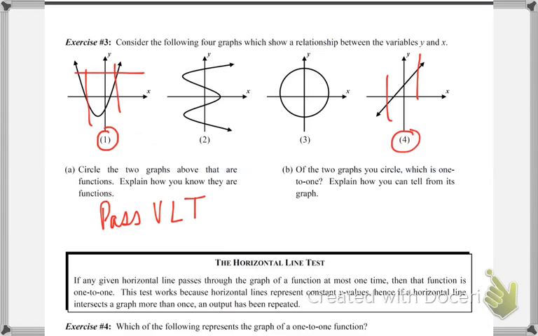If I make a horizontal line, it crosses more than one point. Yet number 4 also passes the horizontal line test. So the horizontal line test is performed to determine if it is a one-to-one function.